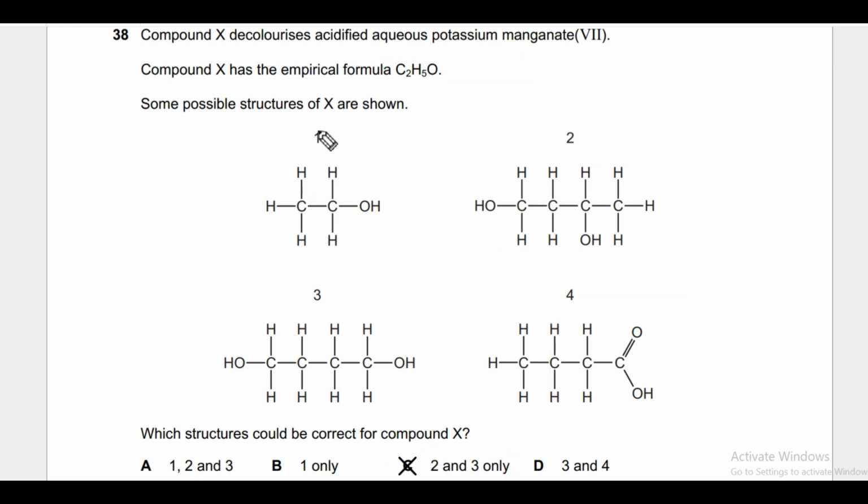So why not 1? 1 is C2H6O. So the molecular formula will be 2 times, giving C4H10O2.